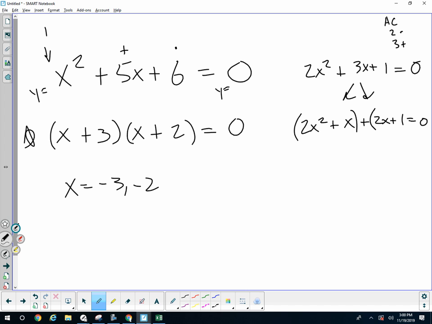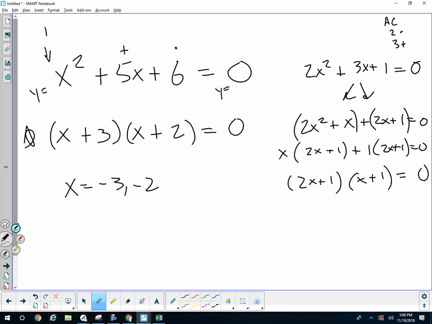We then factor by grouping, and so many of us are still struggling to do this. I have nothing to pull out. There's a 1 that could be there. We get 2x plus 1 times x plus 1 equals 0. Please solve this equation.